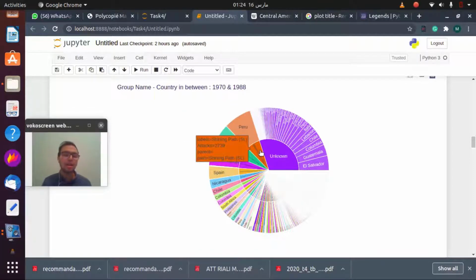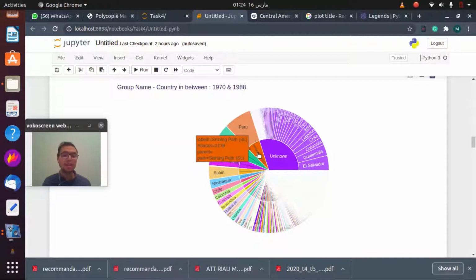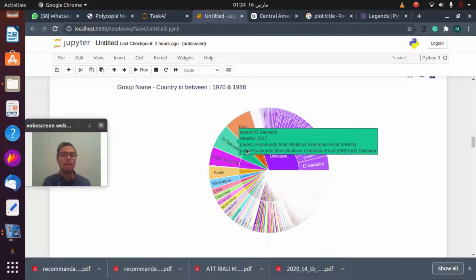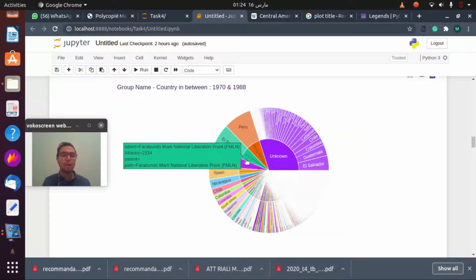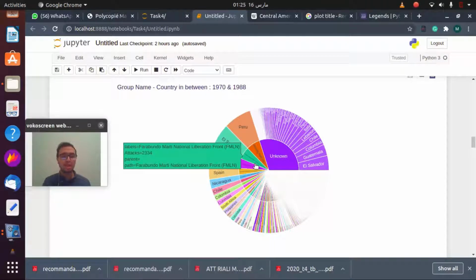We can observe that the majority of them are some kind of liberation front or resistance movement, or have patriot and independence tendencies, etc.